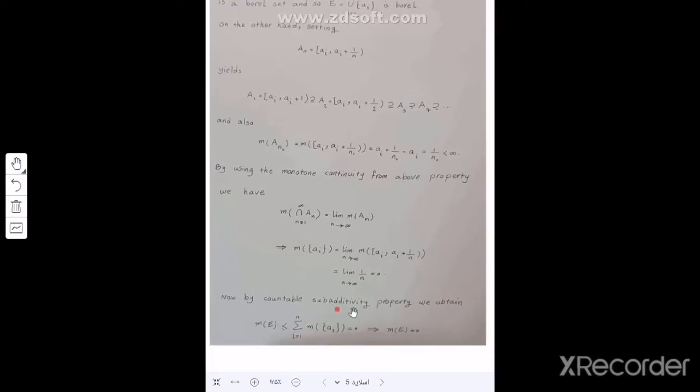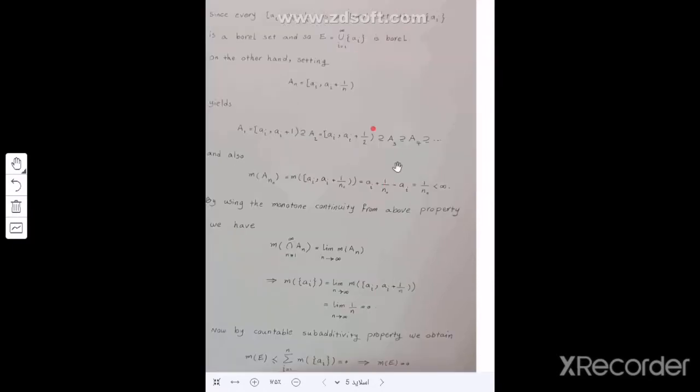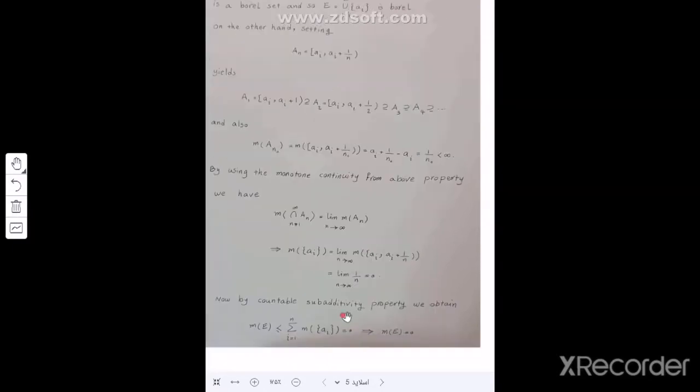Now by the countable subadditivity property, M of E, which is equal to this union, is less than or equal to this summation.